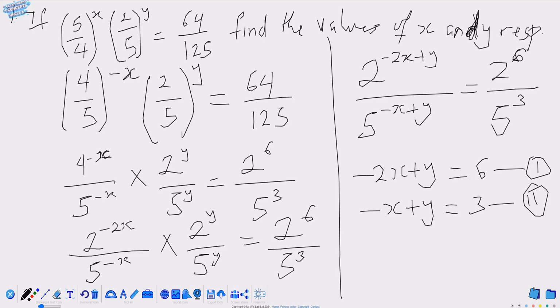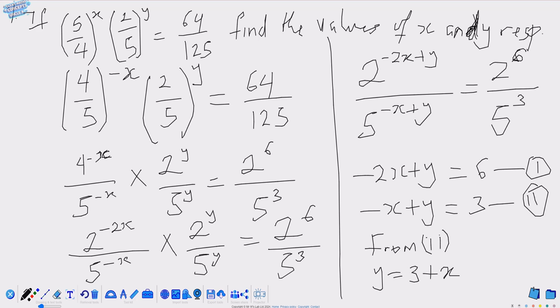equation 2. Now there are many ways to solve simultaneous equations, so I'll just use the most basic one, which is substitution. If you look at equation 2, from 2, you can make y your subject.